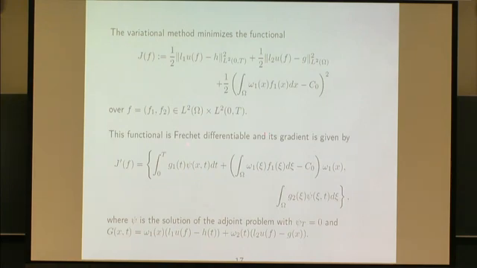And then it's a simple exercise of calculus to show that the function is Fréchet differentiable and the gradient can be evaluated explicitly. Here it has two components because f denotes a pair f1, f2, a vectorial function in this space. And well, this is the adjoint problem producing the corresponding gradient.